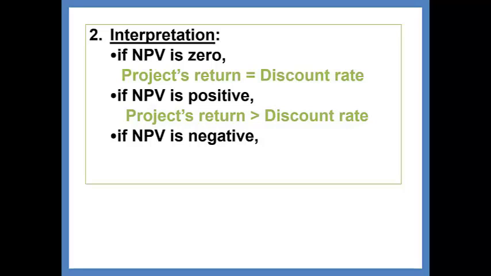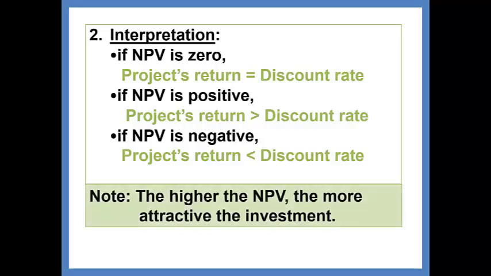However, if net present value is negative, then the project's return is expected to be less than the discount rate. So that means that it's not expected to earn the minimum desired rate of return. So it's not a good project. If you have to rank alternatives using net present value, the higher the net present value, the more attractive the investment.